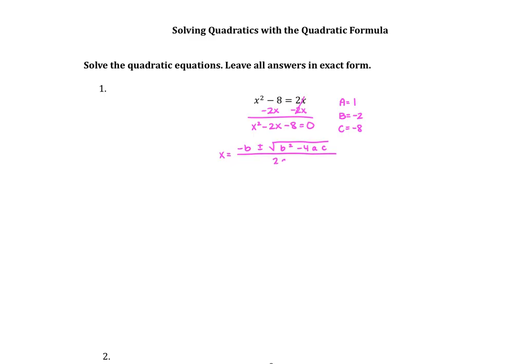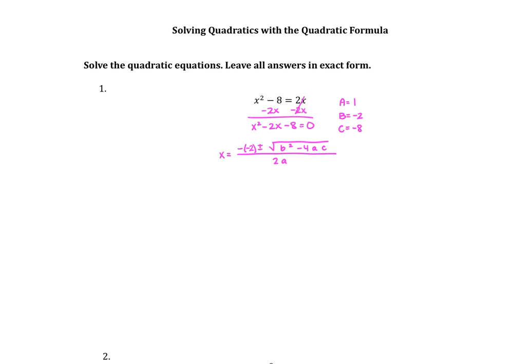So right now I just wrote it out exactly as I would see it on a formula chart. Now what we're going to do is what I call erase and replace. So I'm going to erase this b value and I'm going to replace it with the b value of -2. When I plug it in, I do need to put it in parentheses.